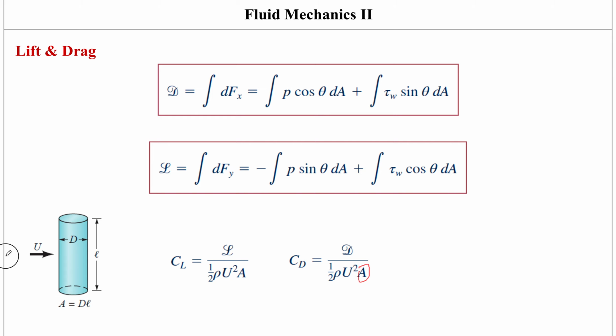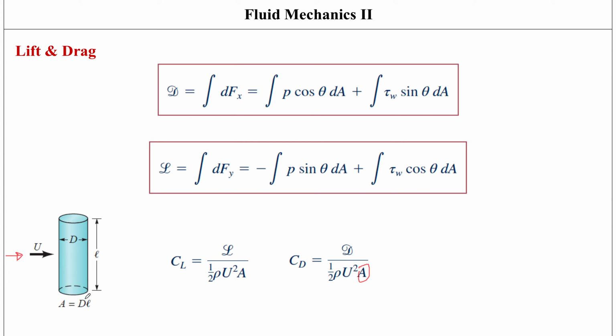So if I was looking at the flow from this direction, then the area would be diameter multiplied by length, right? I mean, that is because this is a cylinder and I'm looking at this side of it. So yeah, that's going to be the frontal area over here.